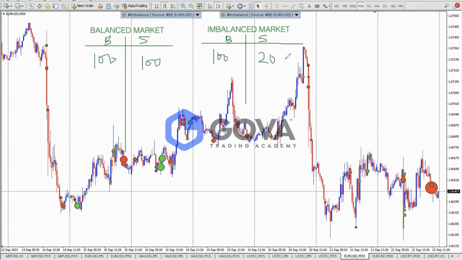You see that this market is not balanced at all. This is where we usually see trading opportunities, and I love trading this type of market. But in a balanced market, there is no trading opportunity.